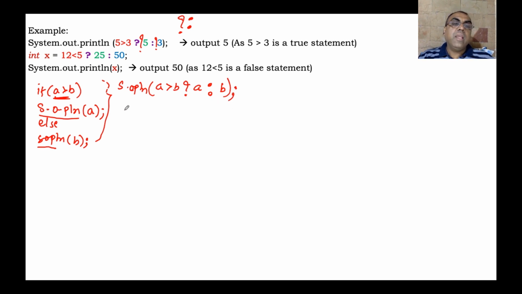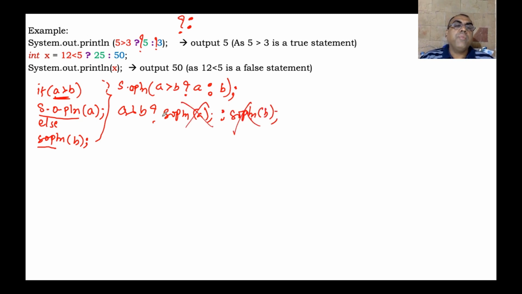If you write a greater than b, System.out.println(a), else System.out.println(b), then you get 0 marks. They are wrong. You can't have the print statement there. It has to be before.